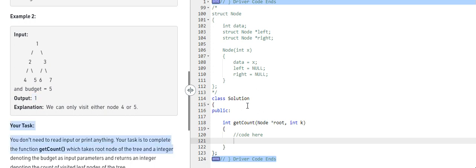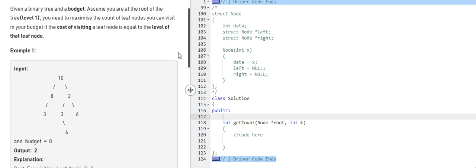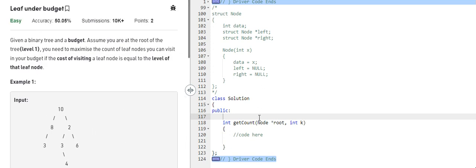So let's start the code for this. We have to take the minimum budget of a leaf node. So we do one thing: we take a priority queue, a min-heap, for storing the budgets.